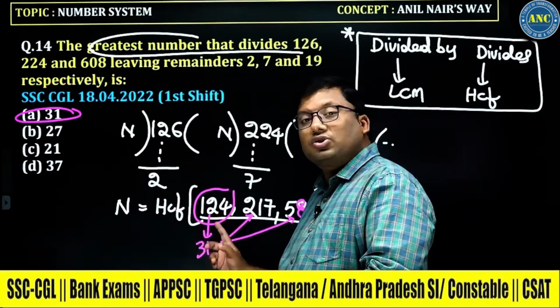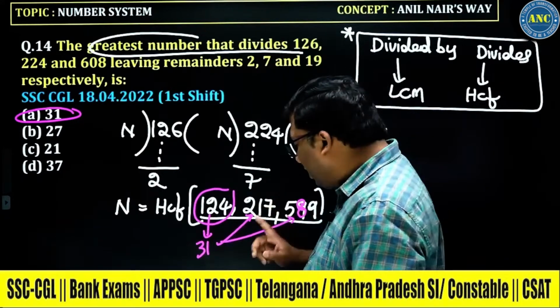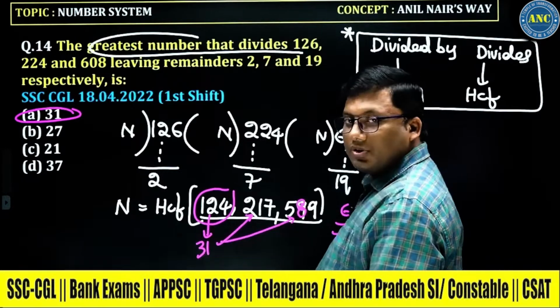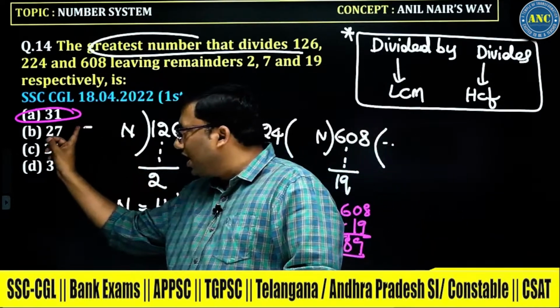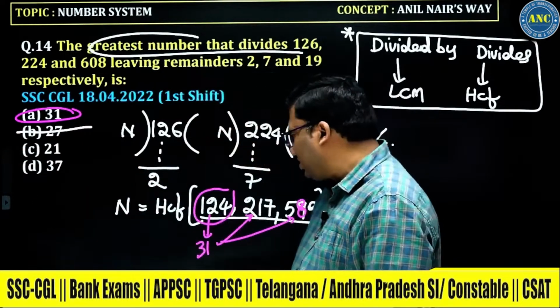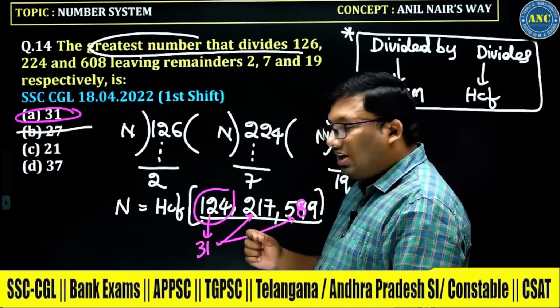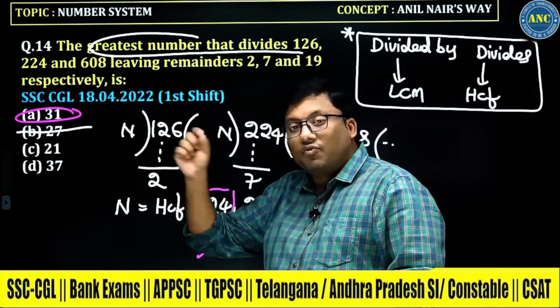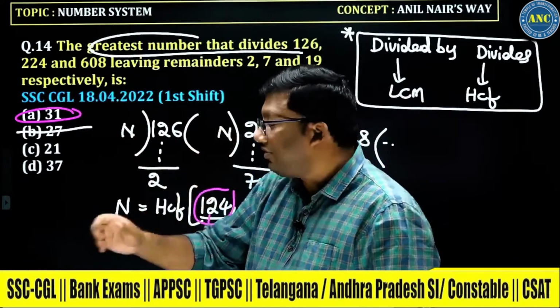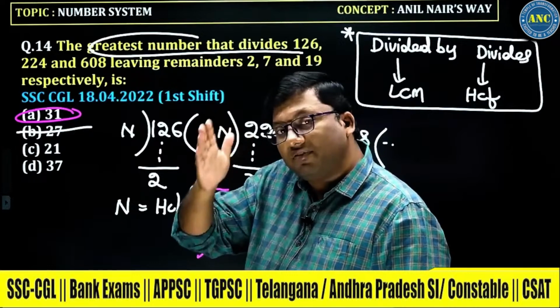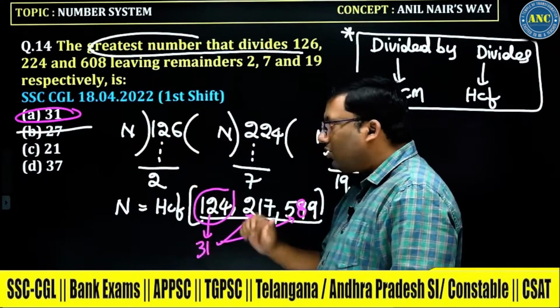You do not need to do all this. You can easily eliminate incorrect answer options. If the answer is divisible by 27, all the numbers should be divisible by 27. Whenever you are finding an HCF, if the output is divisible by 27, every input number should be divisible by 27.